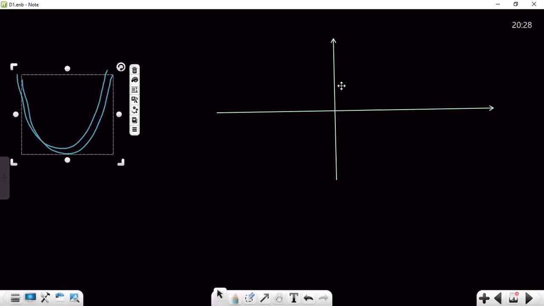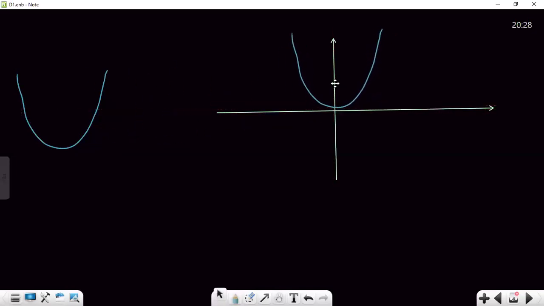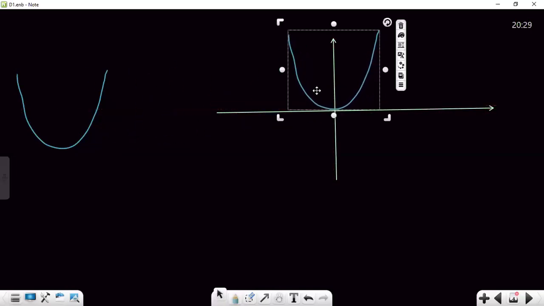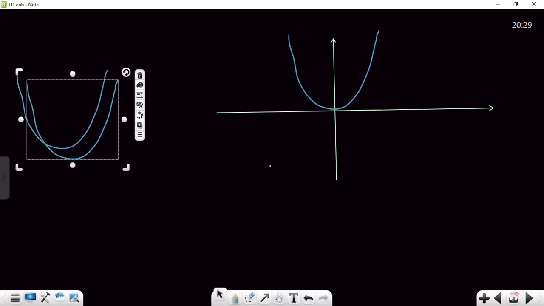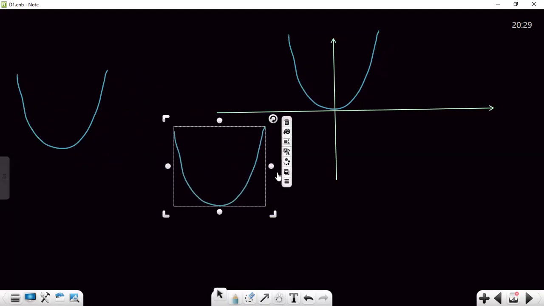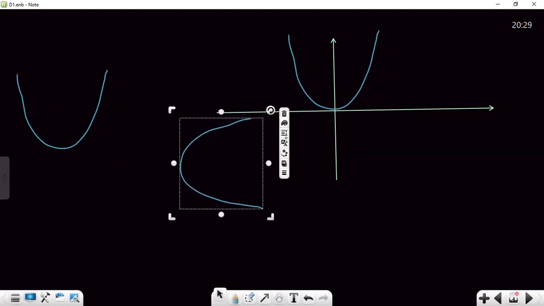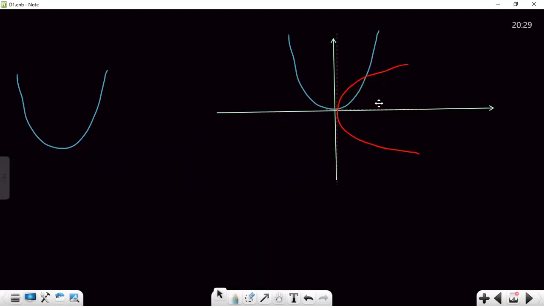This parabola here is an upward opening parabola. And this parabola that I'm referring to in red color is a rightward opening parabola.